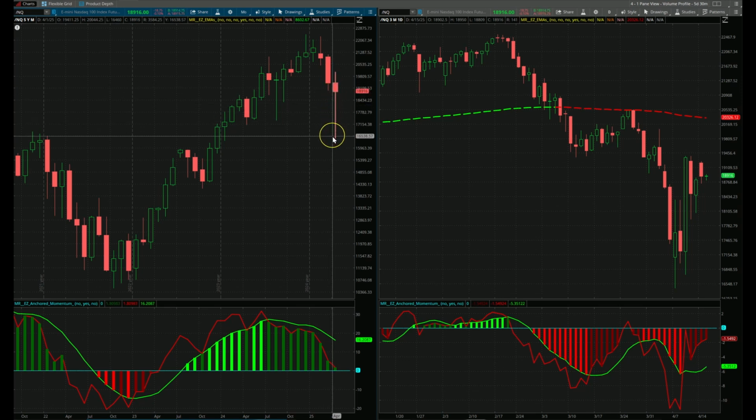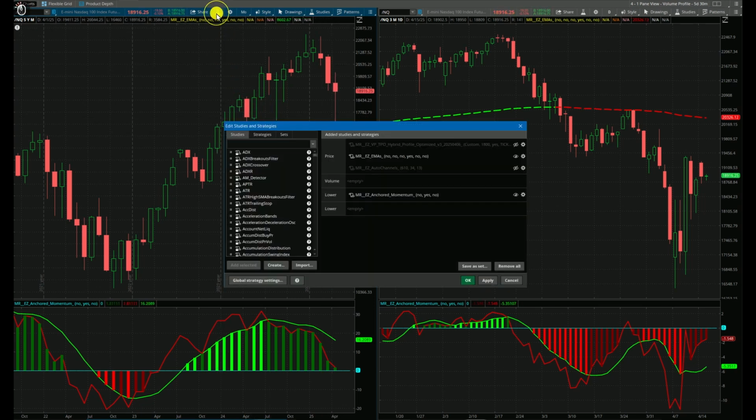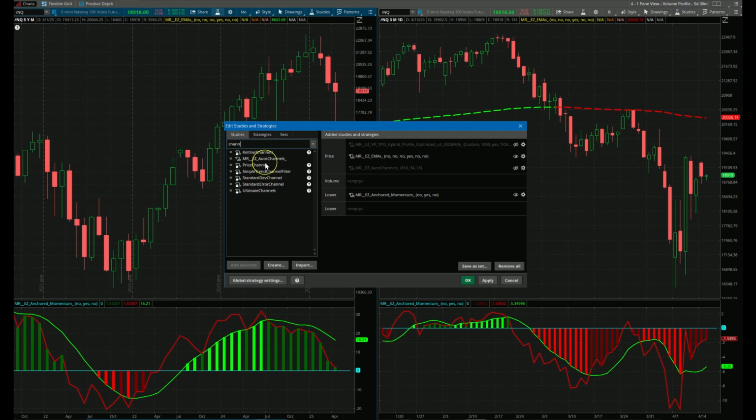Now that's 16.5. I could have sworn I saw an indication of that level being where the channel came in, and I don't have the channel on here. Let me see if I throw a channel on quick. There it is.